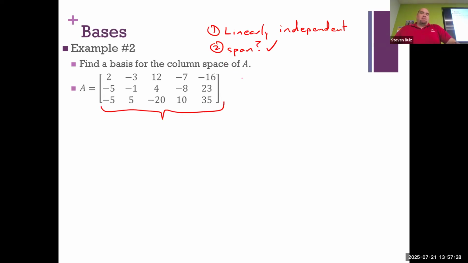This will span the column space of A. I can promise you that. Every basis spans something. But is it linearly independent? Why am I saying for sure this is not linearly independent? So that's definitely true.